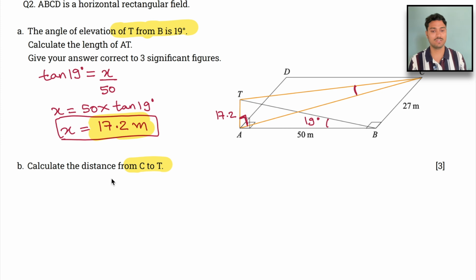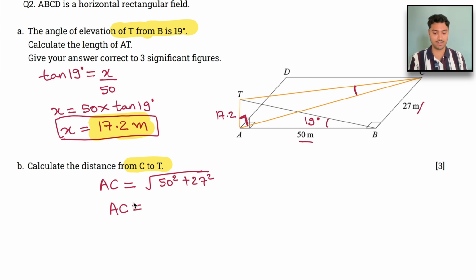We can find AC first, because ABC is a right angle triangle and we have both the values 50 and 27, so we can find the hypotenuse. So AC is going to be under root of 50 square plus 27 square. Let's check what's AC. The answer is 56.82. So AC is 56.82, and now we have to find the length TC.